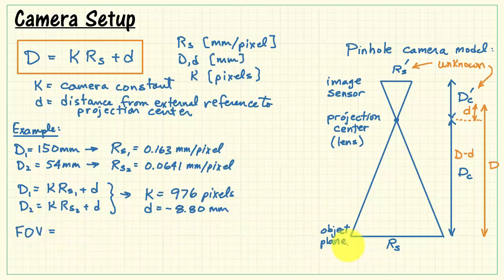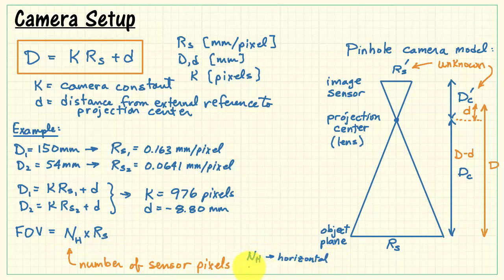Now, the field of view is the total distance that can be imaged in the object plane. Looking at the object spatial resolution times the number of pixels that are available in our camera, that is the number of sensor pixels, and let's differentiate between horizontal direction, n sub h, and vertical direction, n sub v.